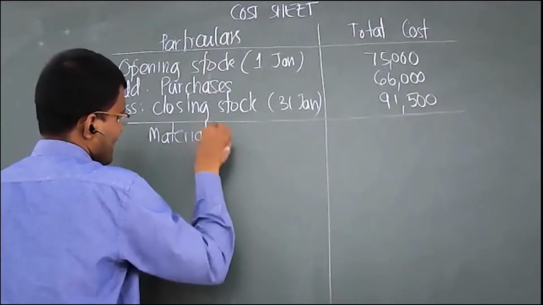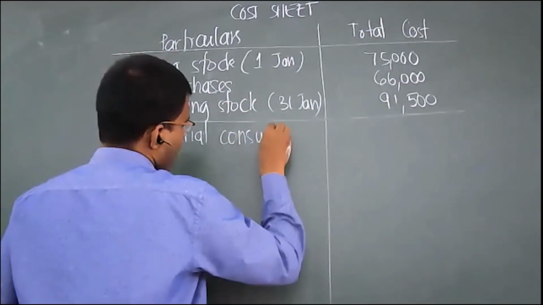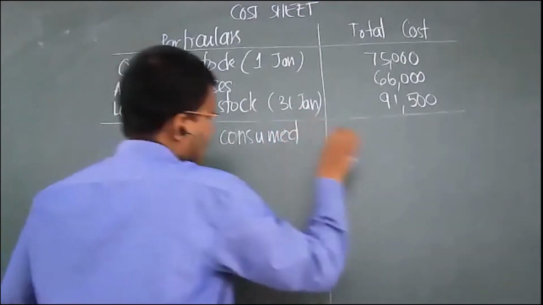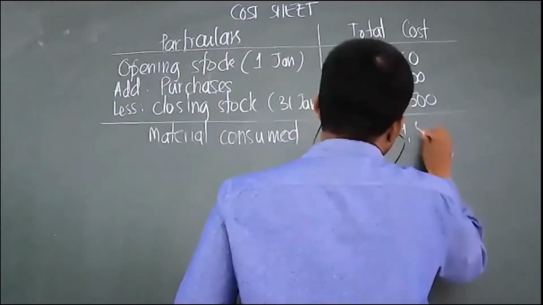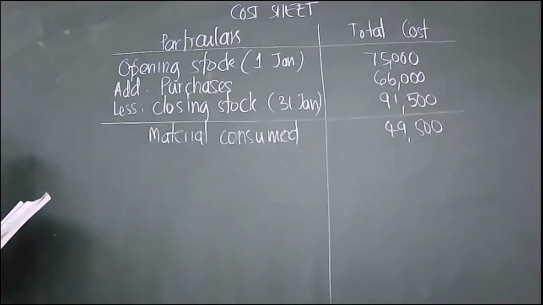So material cost, or material consumed, works out to be 49,500. Now to this, we have to add the other direct expenses. What are the other direct expenses that we have?